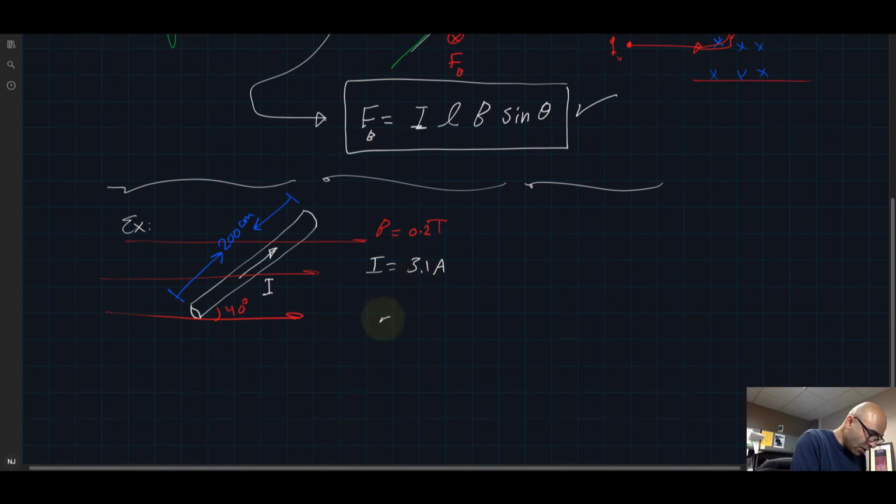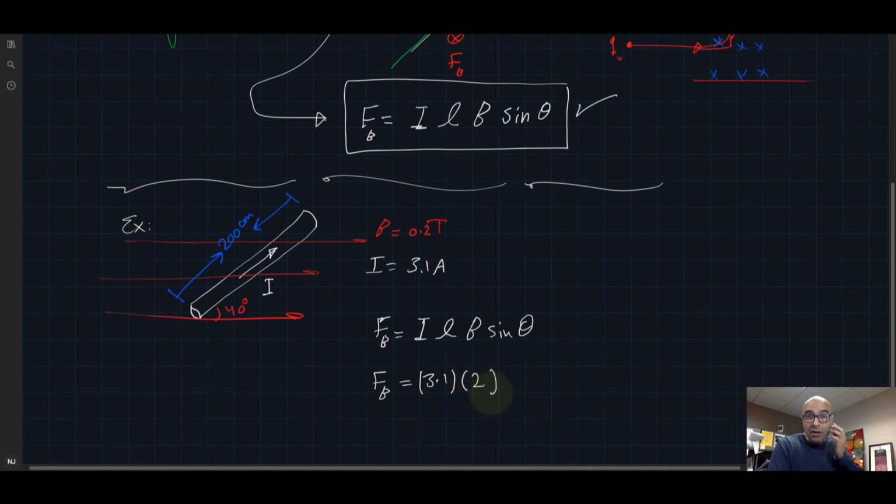Okay. Let's use the equation from here. F_B is equal to I L B sine theta. So now F_B: I is 3.1, times the length is 200 centimeters, which is 2 meters.